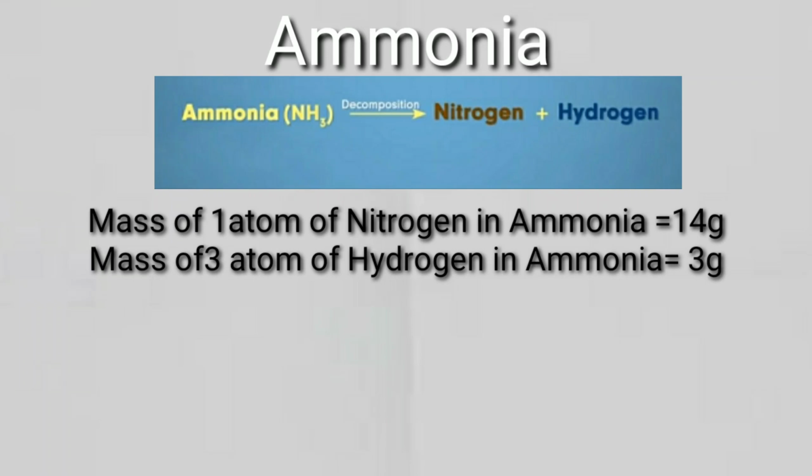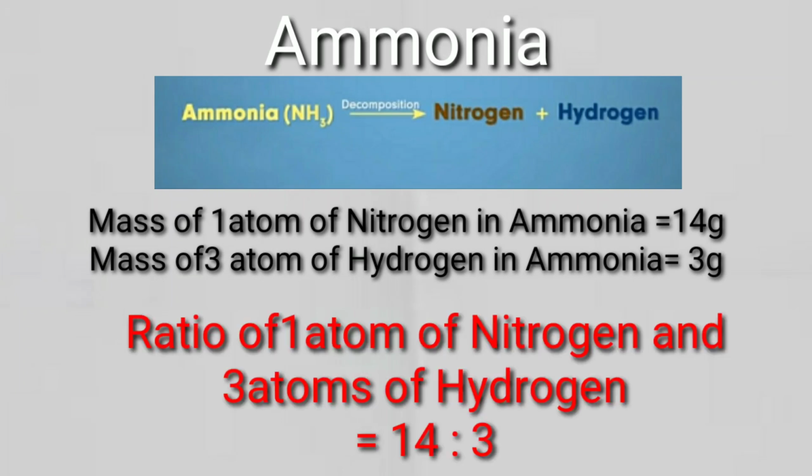As you can see on the screen, the mass of one atom of nitrogen in ammonia is 14 grams and the mass of 3 atoms of hydrogen in ammonia is 3 grams. So the ratio will come out to be 14 is to 3. So we can say that the elements nitrogen and hydrogen in the compound ammonia always combine together in the same ratio, that is 14 is to 3 by mass.